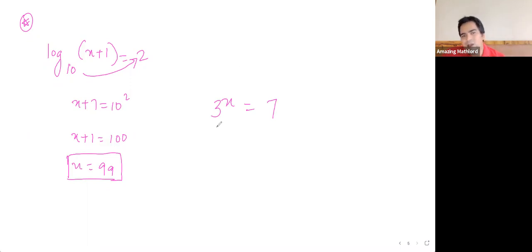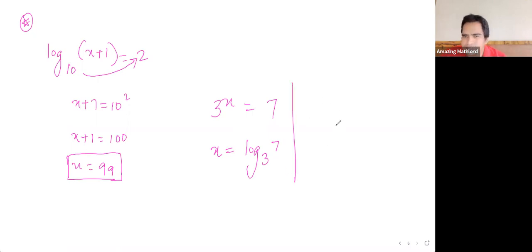In such a case, how do we do it? You can just convert exponent to logarithmic. So x equals log of the answer, which is 7, to the base 3. So log of 7 to the base 3 is your answer. This can be calculated on a calculator, which I'll show you shortly.